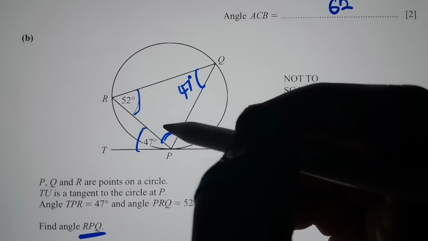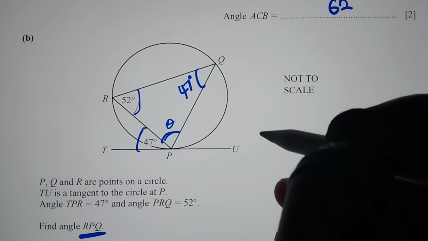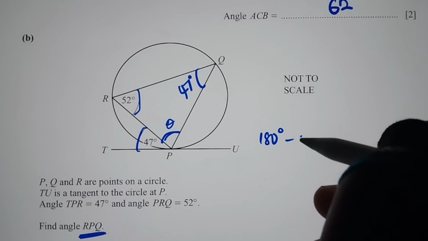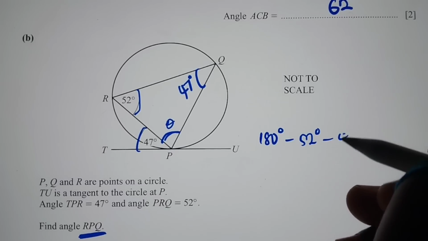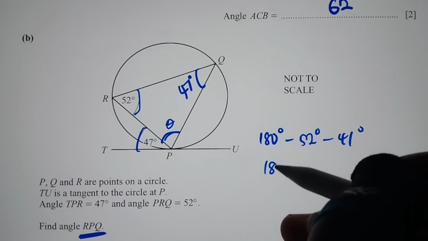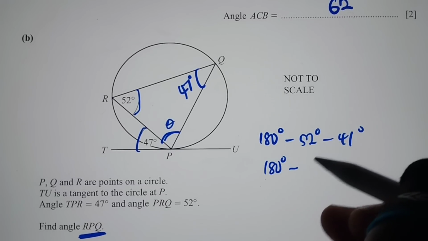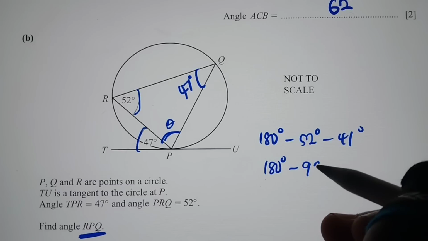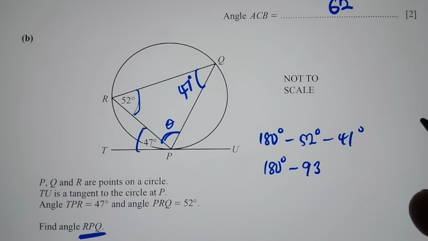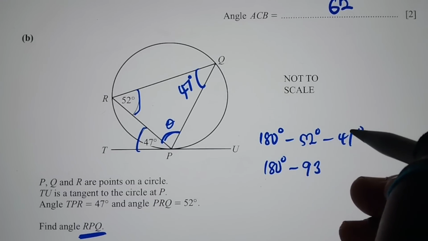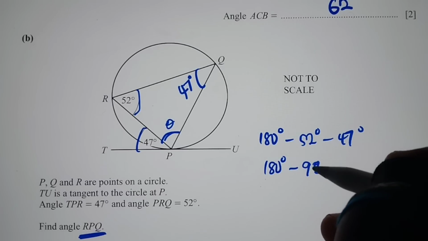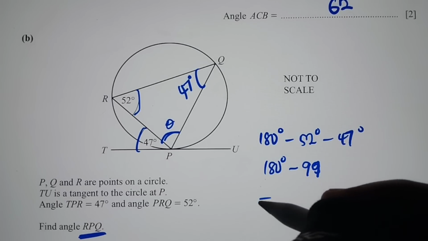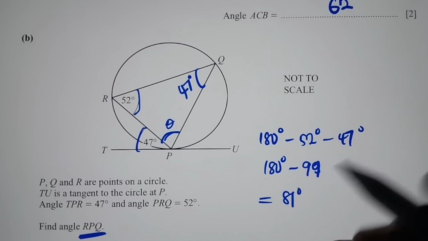RPQ is this angle here. So we do 180 degrees minus 52 degrees minus 47 degrees. That's 180 degrees minus 99. And that's simply going to be 81 degrees.